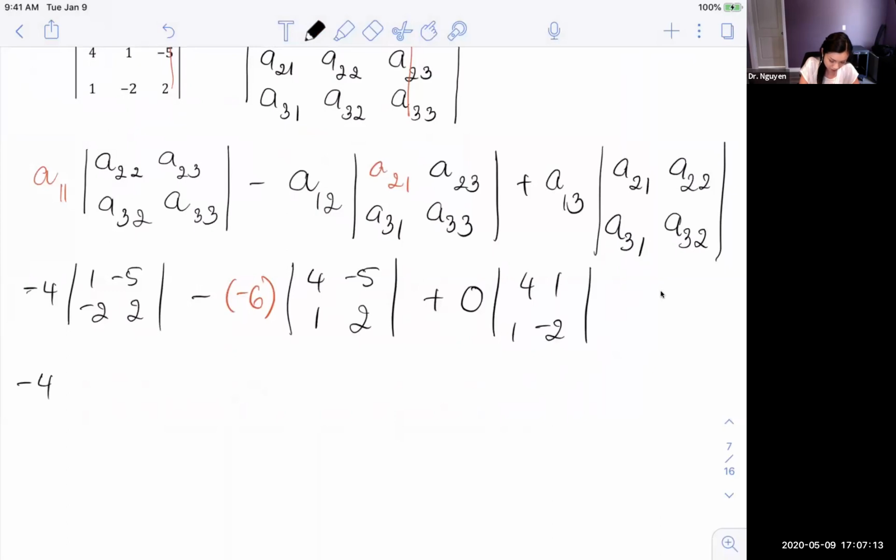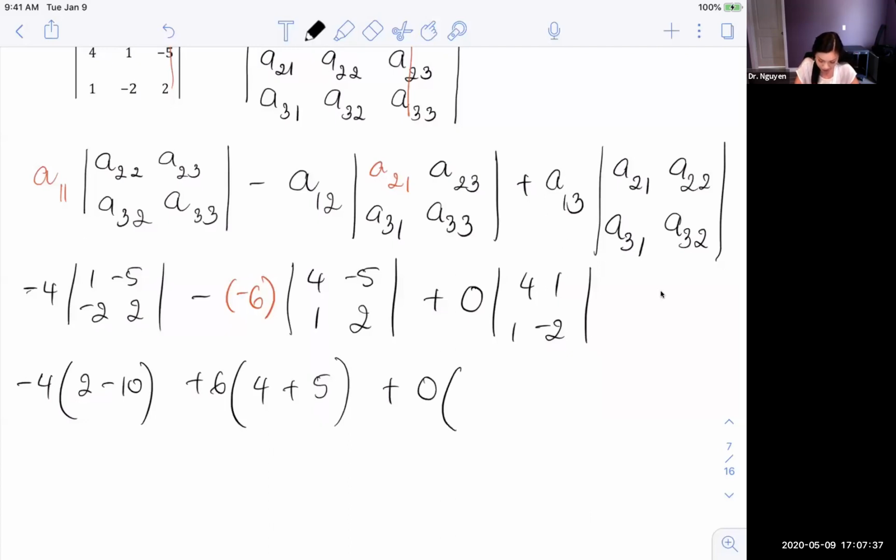So -4, what I have inside is what? 2 minus +10. Okay, this is a +6 here. And then I have 4 minus -5, so that's +5, plus 5, and then plus 0. I know, I'm just going to write it down, even though we're going to end up with 0. Okay.